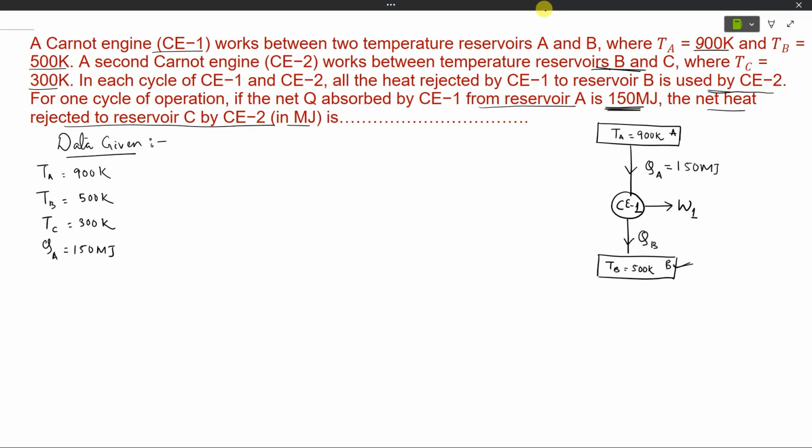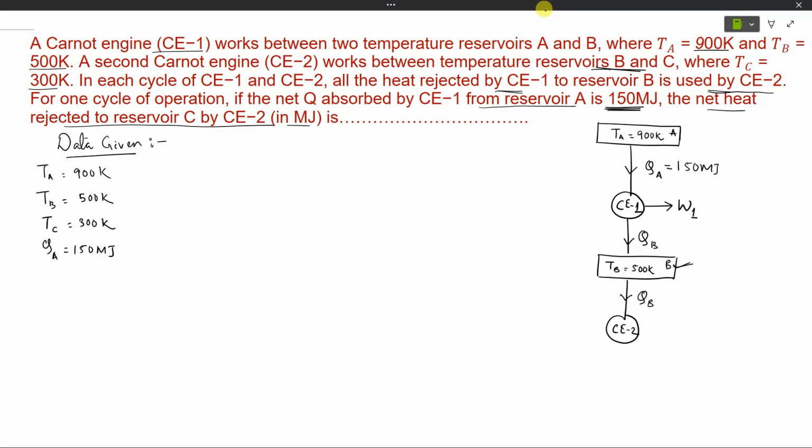So let's consider the Carnot engine CE2. In this question it is mentioned that the Carnot engine CE2 receives or uses the heat energy which is rejected by Carnot engine 1, and that is QB. So it means this QB amount of energy is received by Carnot engine 2 when the same amount of energy is rejected by Carnot engine 1.